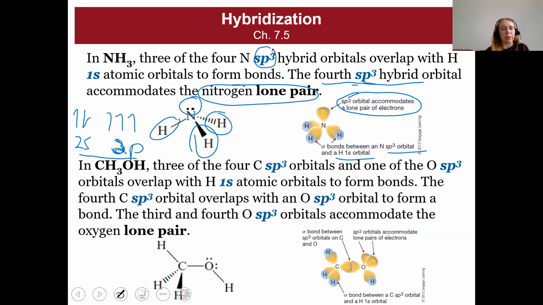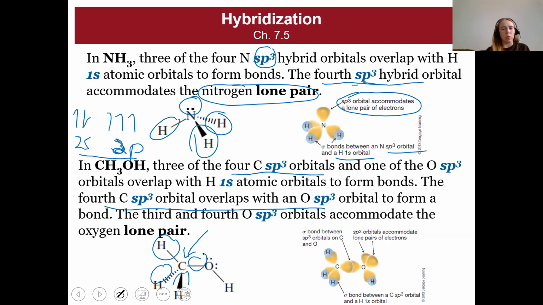All right, so we can see similar things with methanol. So methanol, or CH3OH, also has sp3 hybridization. So carbon, just like in methane, has four sp3 orbitals, and three of those are overlapping with the hydrogen 1s orbitals to give us those CH bonds, and the other one is overlapping with the oxygen sp3 orbital to form the carbon-oxygen bond.